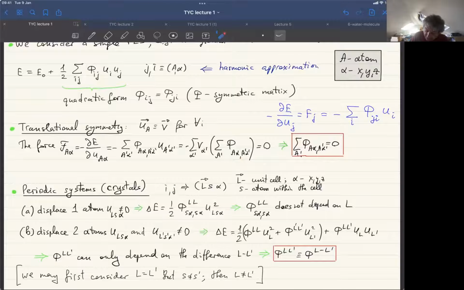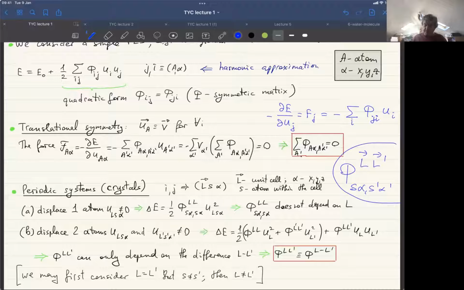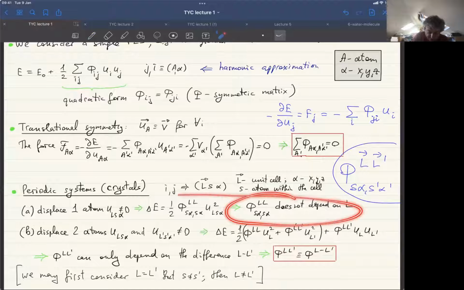Now in the new notation, it would be a function of L, L prime, S alpha, S prime alpha prime, where L and L prime are two vectors. This little consideration implies that it will not depend on both L and L prime separately. It will only depend on their difference.